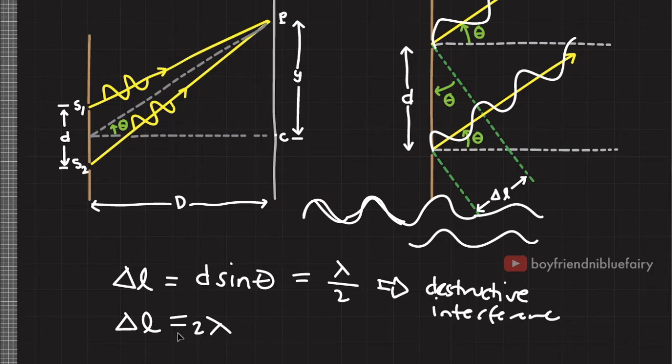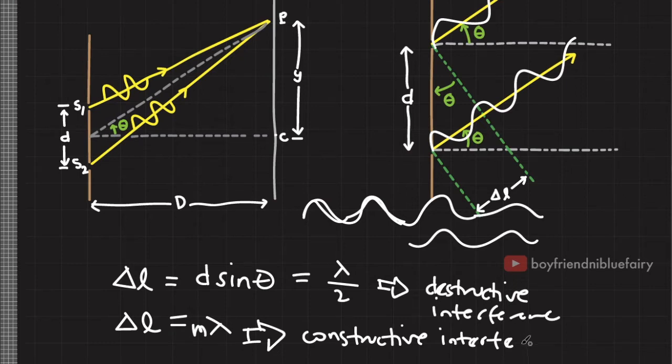So in other words, if the path difference between wave 1 and wave 2 is an integral multiple of lambda, m lambda, then this results in a constructive interference, and you will be able to observe a bright region on the screen when constructive interference occurs.